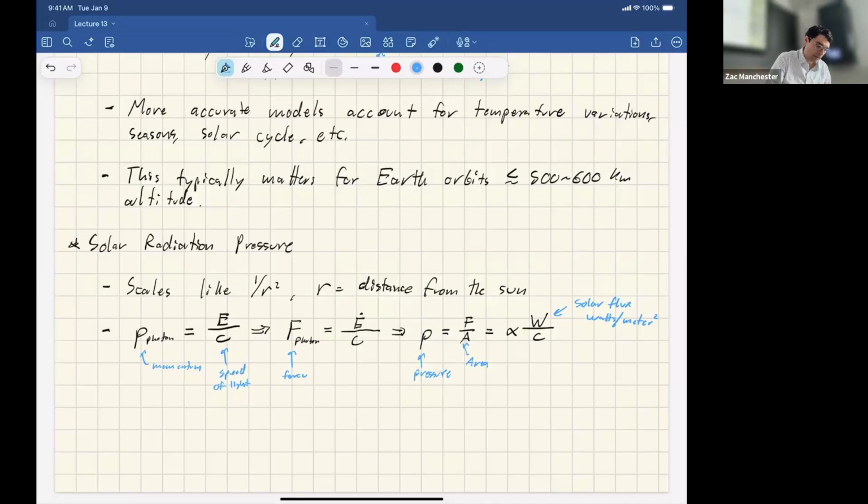And let's see what else. This thing out front is sort of a fudge factor constant that's basically reflectivity. And it varies from 1 to 2.